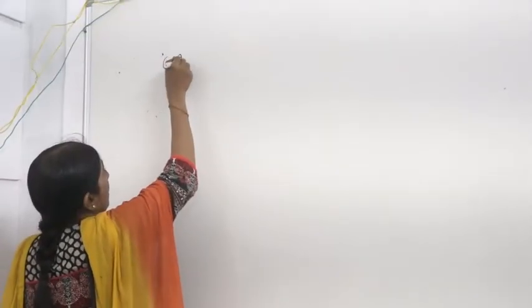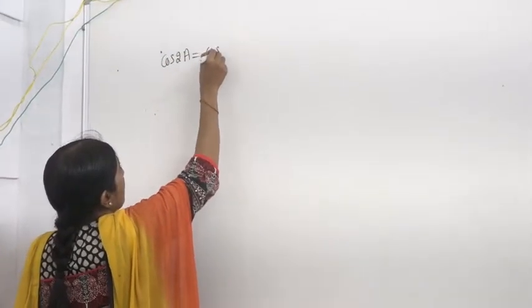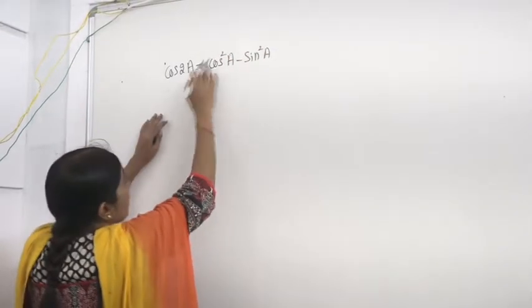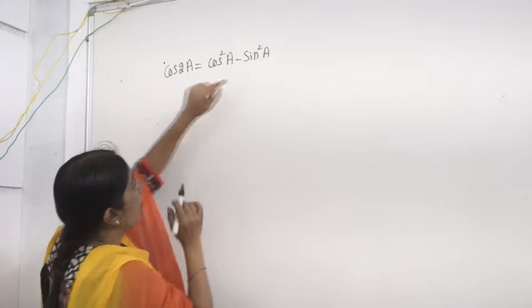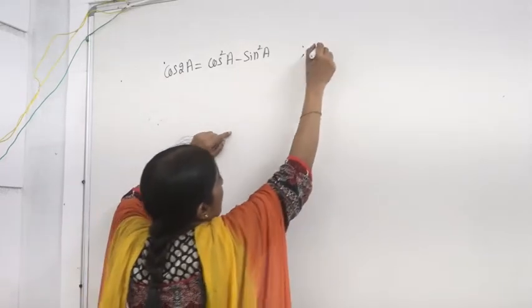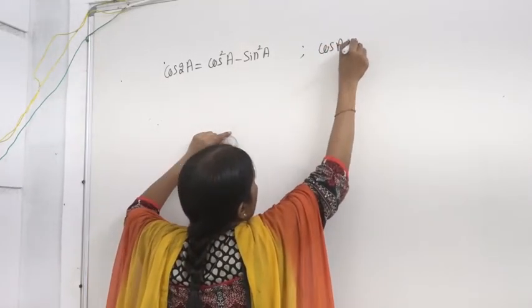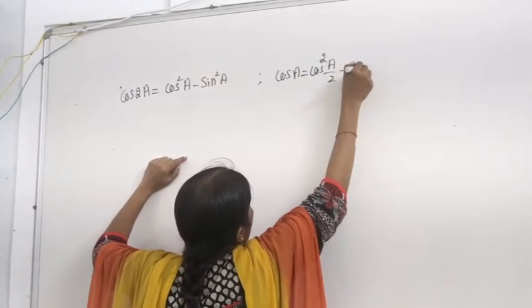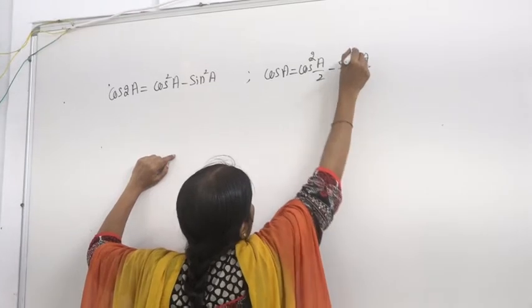Cos 2A will be written as cos²A - sin²A. Here also we observe the angle becomes half. Then exactly opposite, cos A = cos²(A/2) - sin²(A/2).